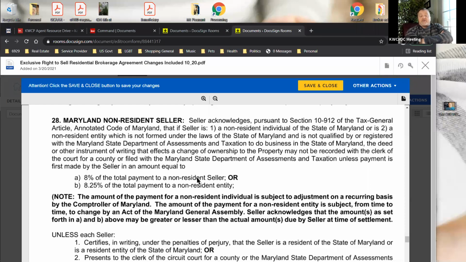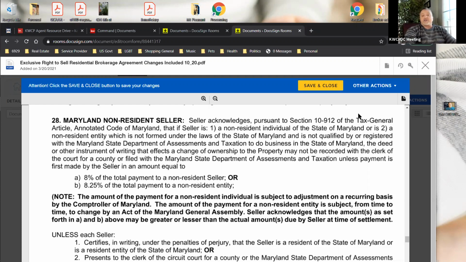So if the seller hasn't lived in the property for some amount of time, and if they're living out of state, then they may be subject to this tax. If they're still living in the state, it's not an issue.